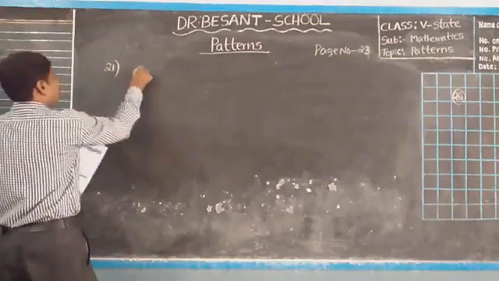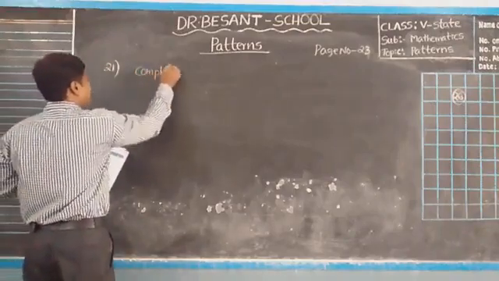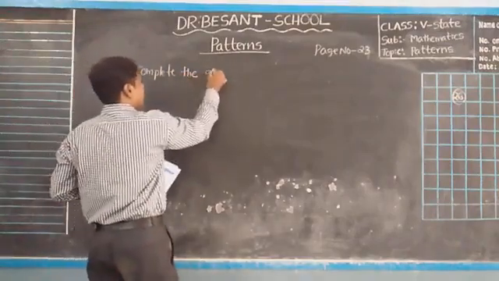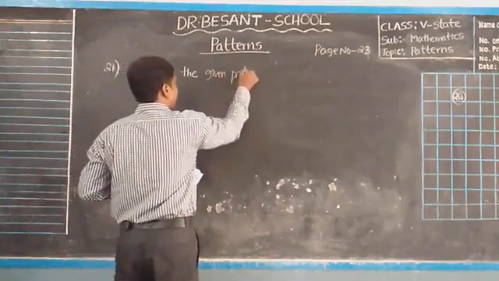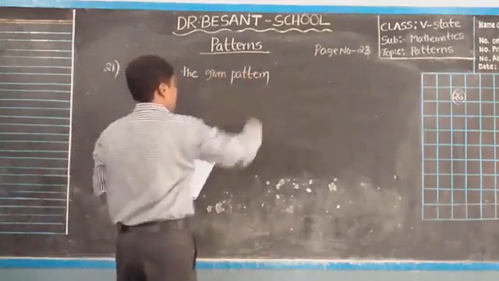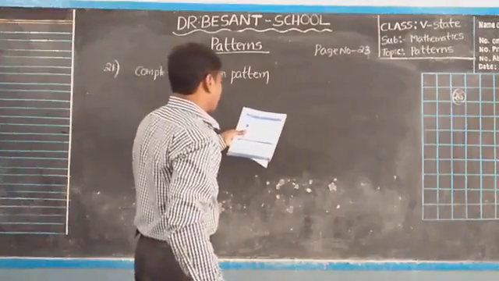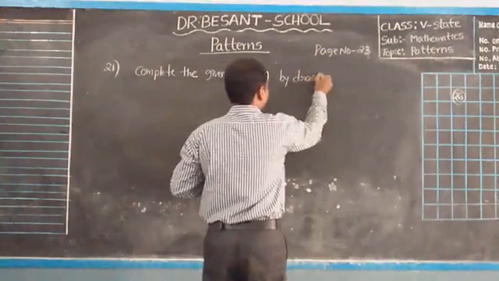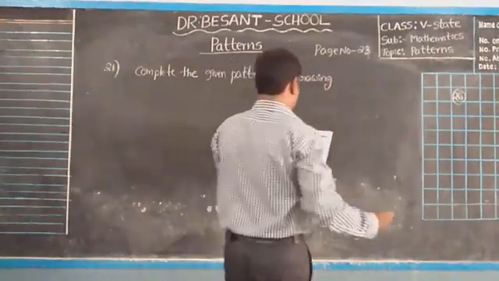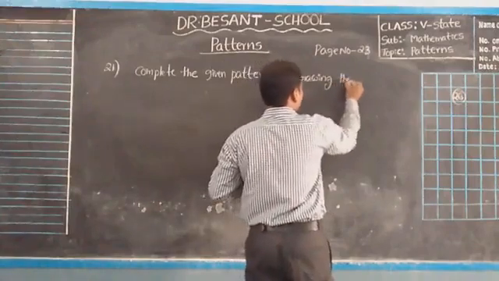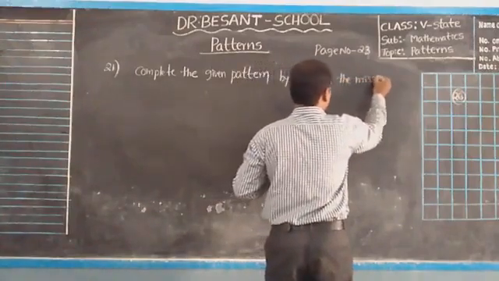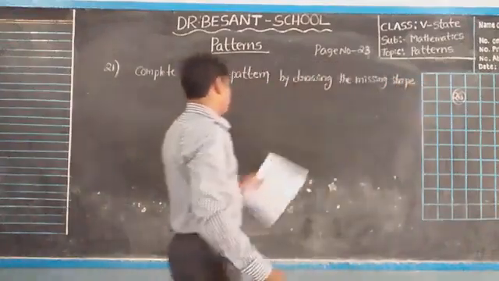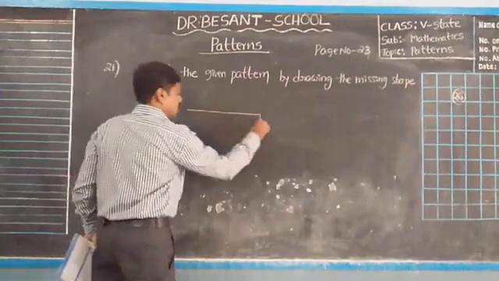Complete the given pattern by drawing the missing shape. Okay, children.